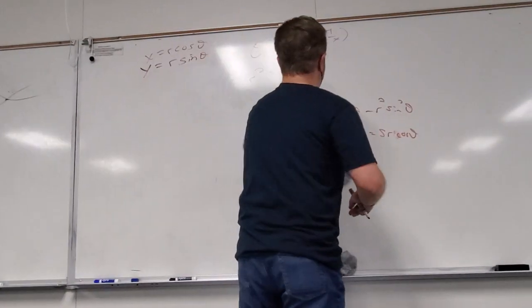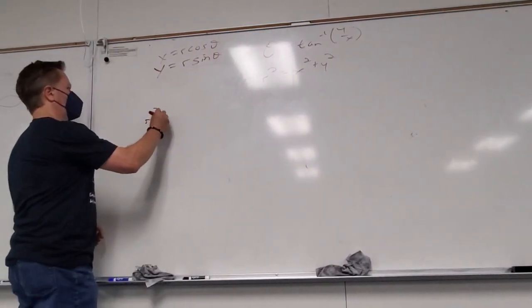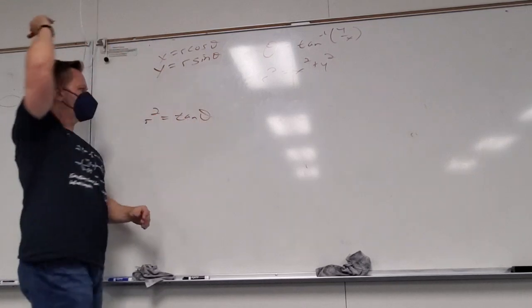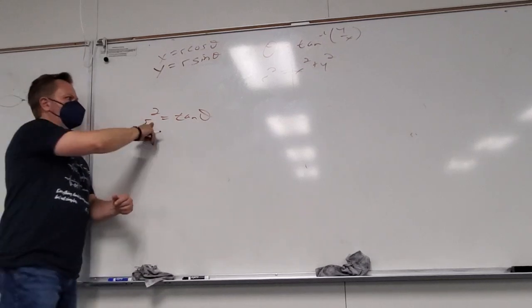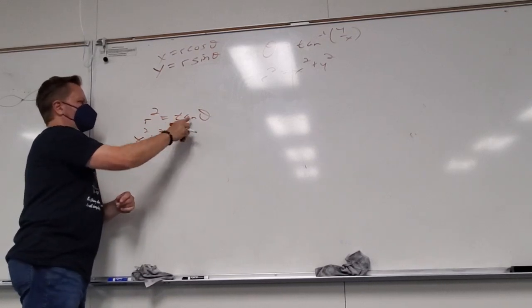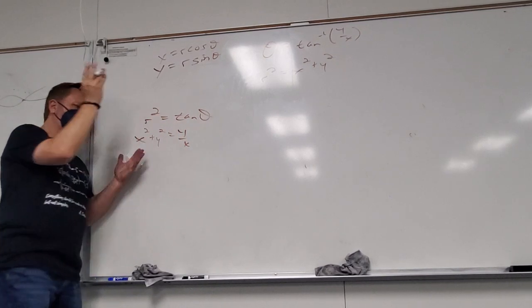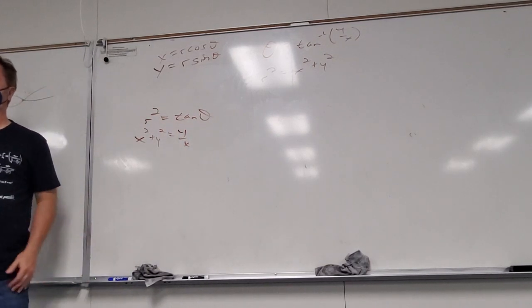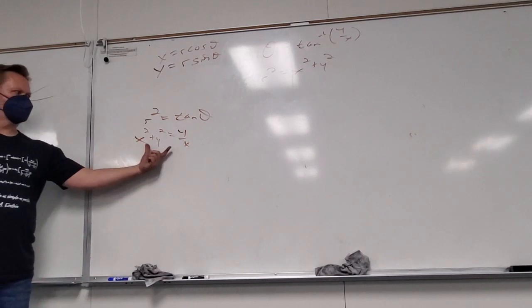What if I said, convert that into rectangular? That works out great. Does anyone see why? What is r squared? X squared plus y squared. What is tangent theta? Y over x. All right, sweet. And then you can multiply by x, and there's not much you can do. That's basically it. Do you think that's a function?